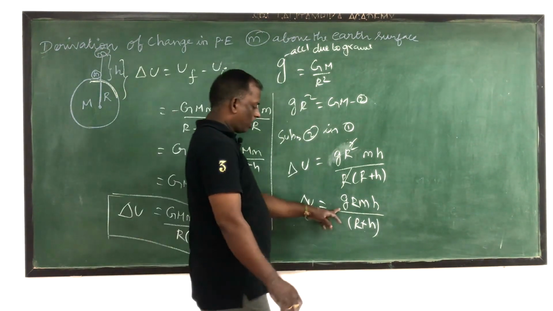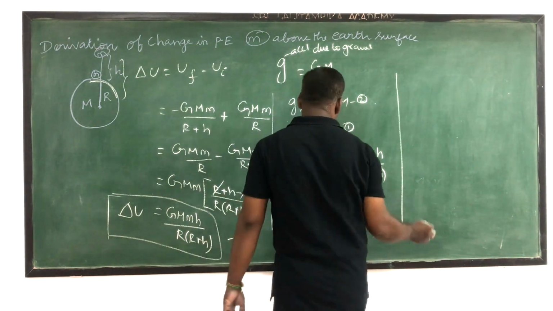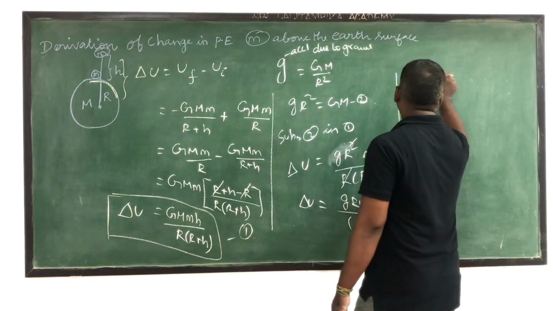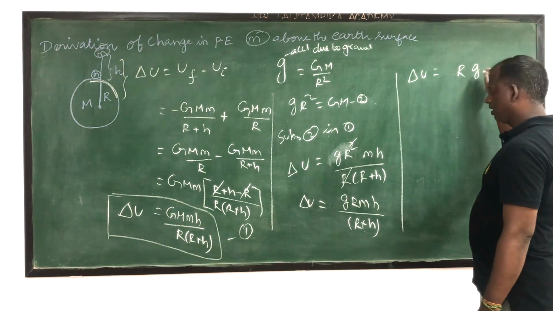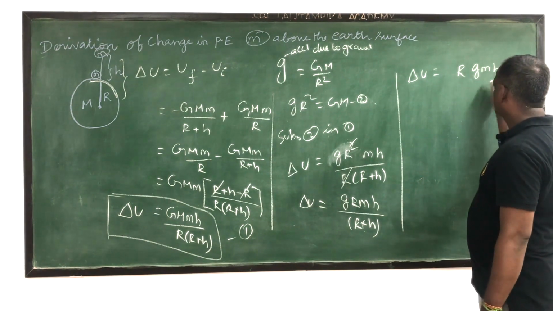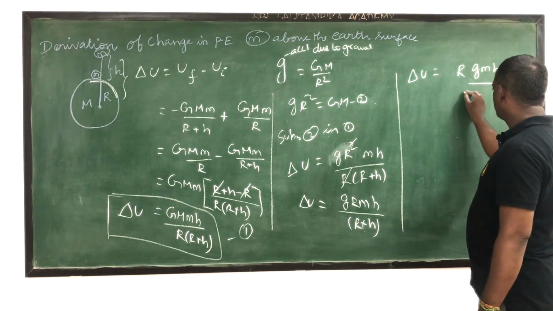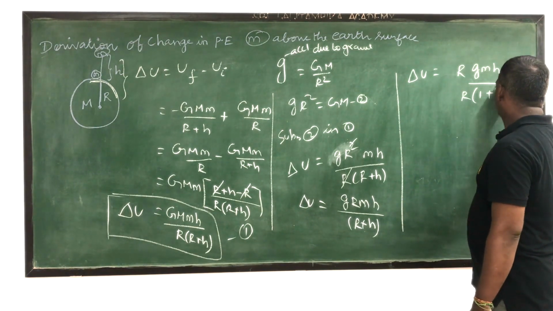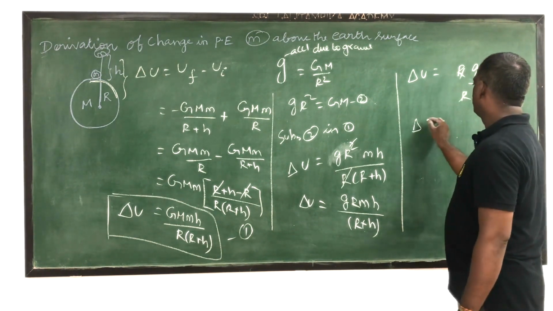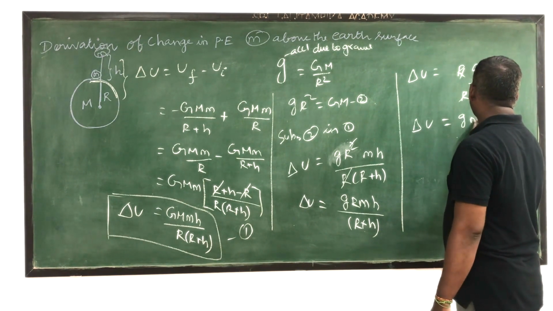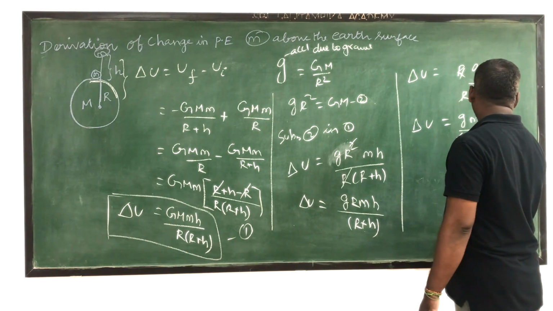If we cancel r, delta u is equal to small g into m h. If we take r common, it will be 1 plus h by r. Now r gets cancelled. Delta u is equal to g m h by 1 plus h by r.